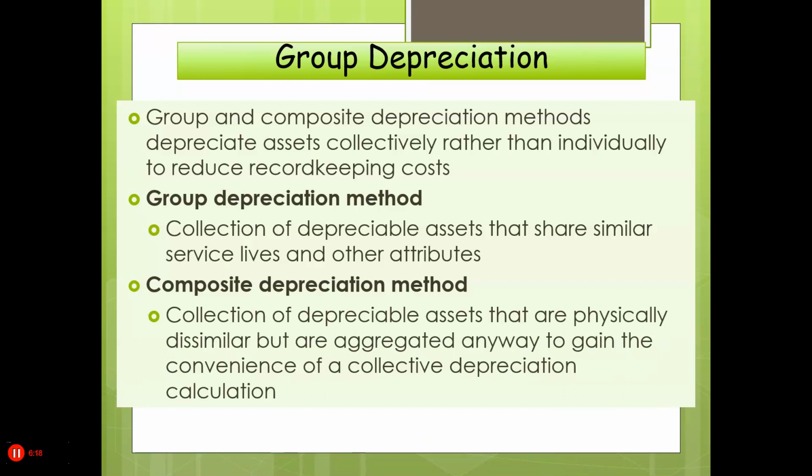Composite is a collection of depreciable assets that are physically dissimilar but are aggregated anyway to gain the convenience of a collective depreciation calculation. Those are the two, but we're going to look at group depreciation, where the assets are the same.